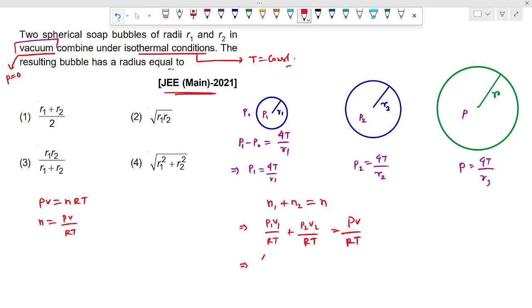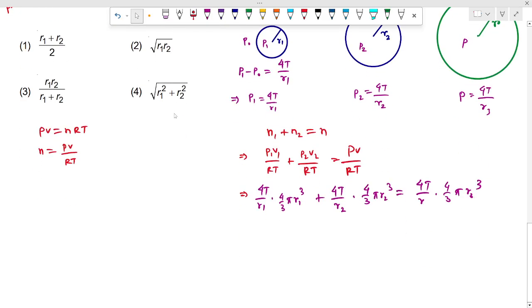Now P1 is 4T by R1 and V1 is 4/3 pi R1 cubed. Similarly, 4T by R2 with volume 4/3 pi R2 cubed, and 4T by R with 4/3 pi R cubed. From this, the 4T terms will cancel out, and the 4/3 pi terms will cancel out.